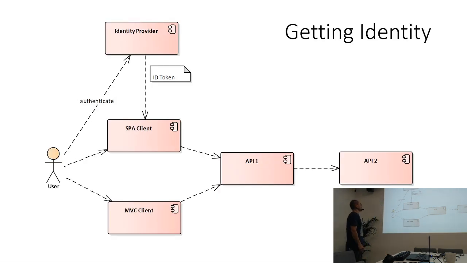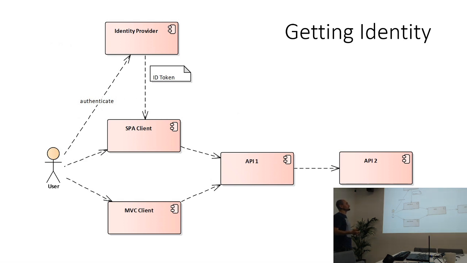You can delegate the authentication to an external component, which is called the identity provider in OpenID Connect. In terms of authentication, the user deals with the identity provider. When the user authenticates, the identity provider will send to your application not an ID card, but something called an ID token. It's a complete parallel.